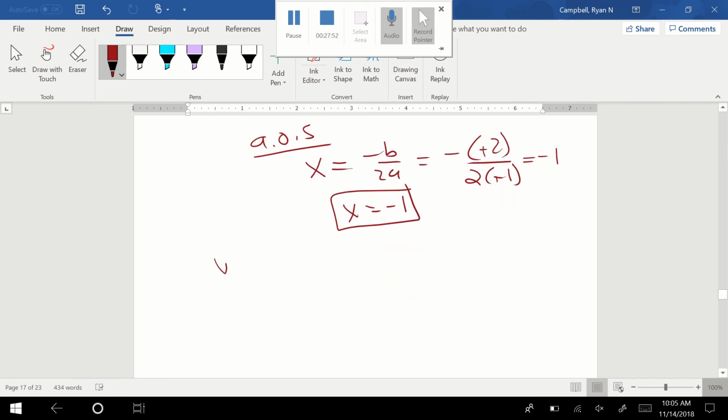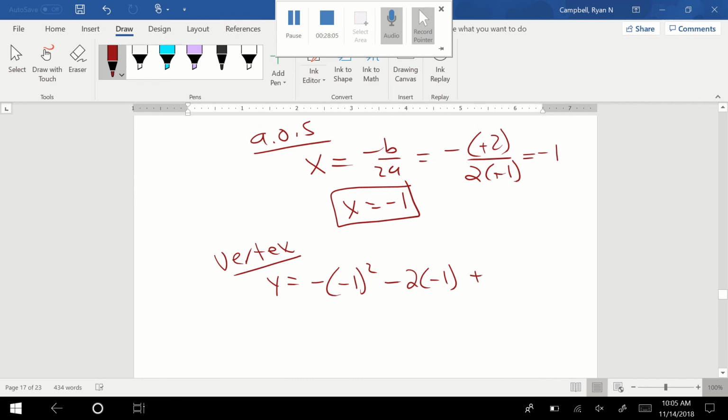To find the vertex, we just have to plug that into our equation. So y equals negative 1 squared minus 2 times negative 1 plus 8. So negative 1 squared is positive 1, plus 2, plus 8.